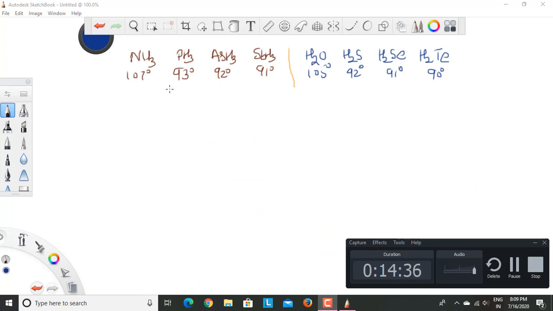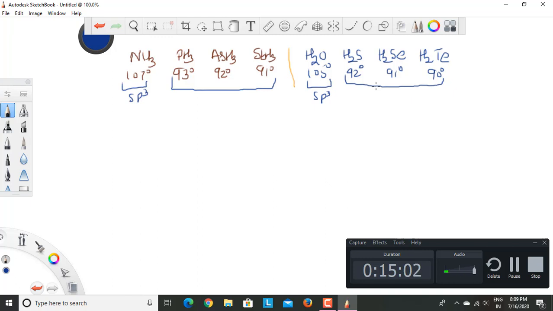Now see, what Drago has told is that if these three conditions are fulfilled, in these three cases there will be no hybridization. Here there will be sp3 hybridization, here sp3, here sp3, but here no hybridization. So why no hybridization?